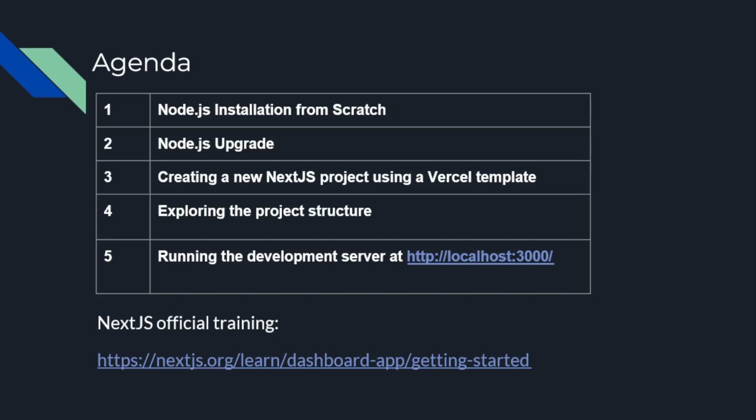Then we will explore and understand the project structure and hierarchy. And finally, we'll try to run the development server at localhost 3000 and see what's going on, and we will see our template in use.